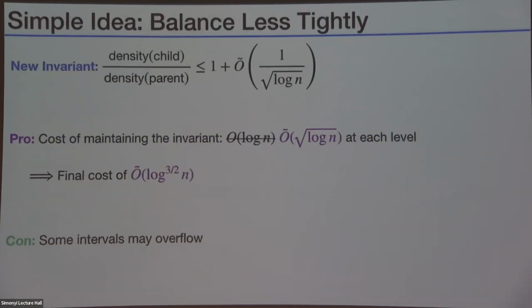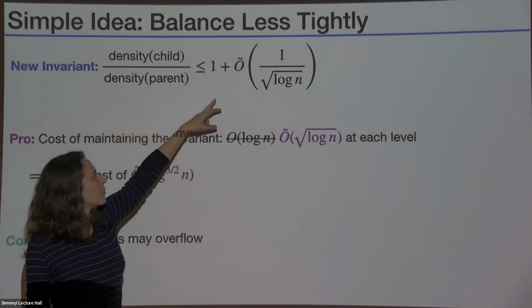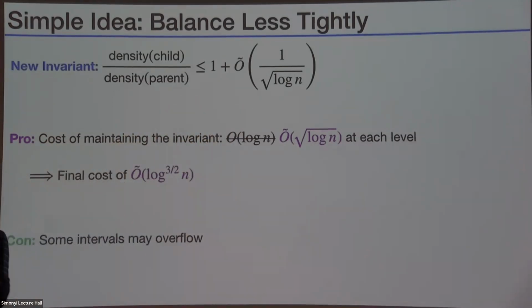Okay, so that is to say, we would like to have a new invariant. I'm going back to the density version of the invariant, but you could also think of it as the pivot version. Let's say we have this new invariant which says, instead of the density child parent ratio being 1 plus 1 over log n, it's now going to be 1 plus 1 over square root log n. Let's forget about log factors in the O tilde.